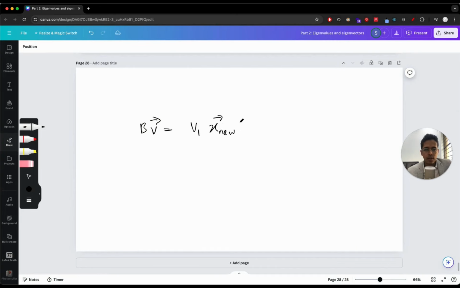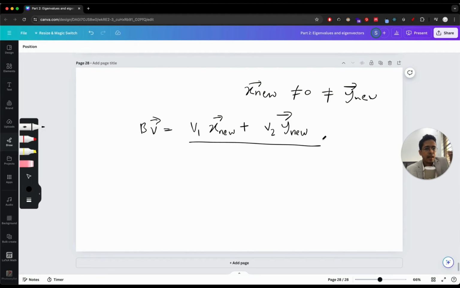X new plus V2 times Y new, right? This is how it is. We are saying that X new is not equal to 0 and Y new is also not equal to 0. So what this means is if these two vectors are cancelling each other out, then V1, X new, is getting scaled by a scalar.